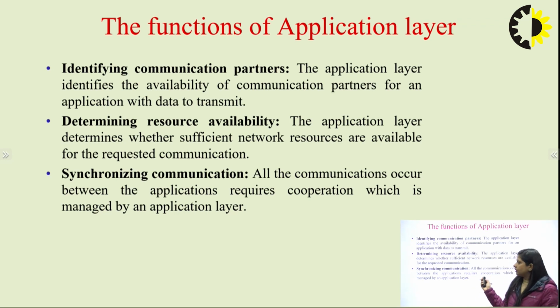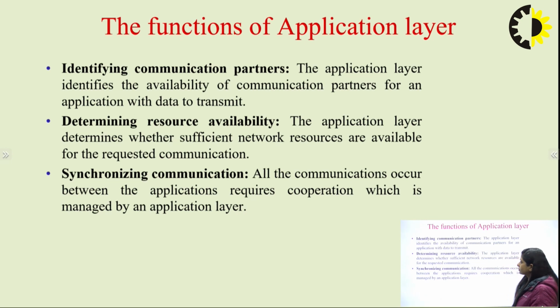Here is the list of functions performed by the application layer. Number one, identifying communication partners, a very important function. The application layer identifies the availability of communication partners for an application with data to transmit, right?